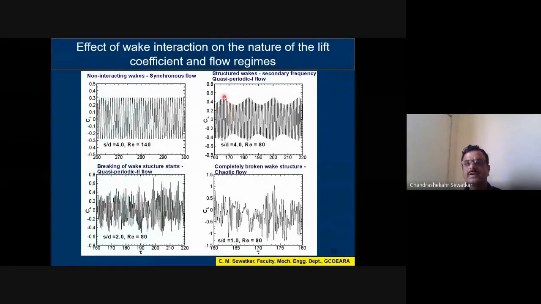And the time period of secondary consecutive cycles is constant. In the quasi-periodic 2 flow, the time period of secondary consecutive cycles is also varying. Primary is varying, secondary is also varying. Here primary is constant, here primary is not constant but secondary is constant. Here primary and secondary both are constant, and here the signal is completely chaotic.